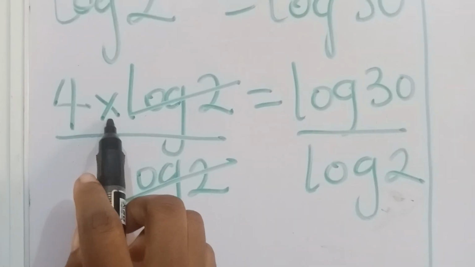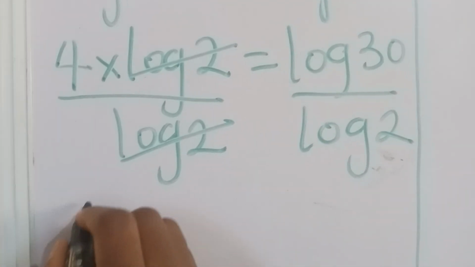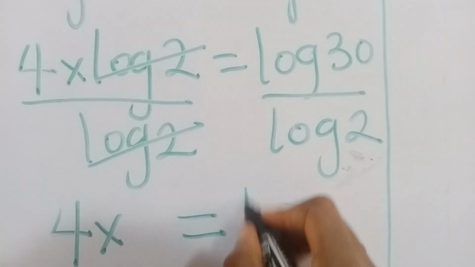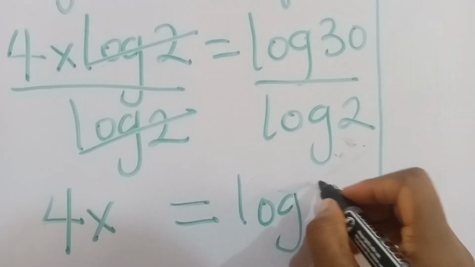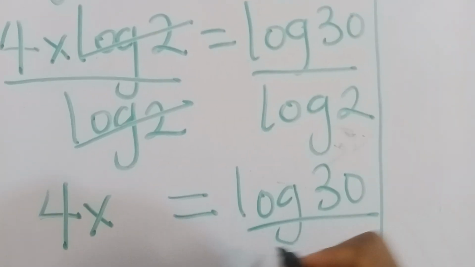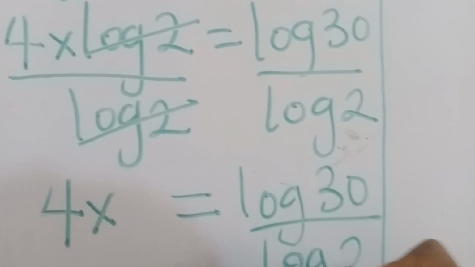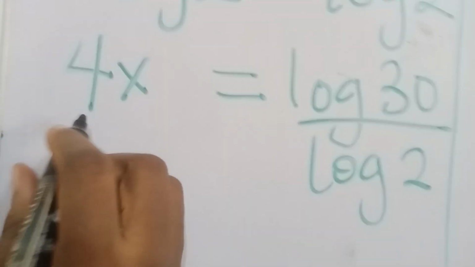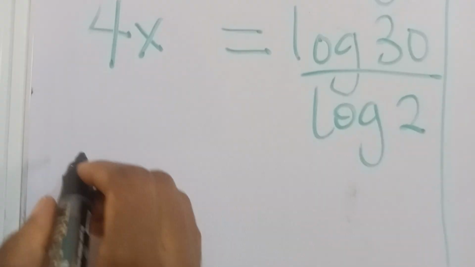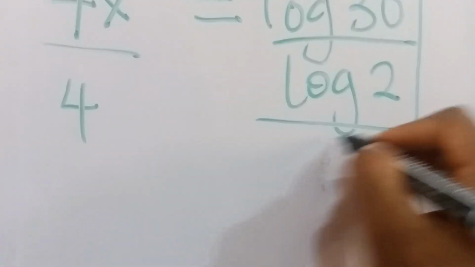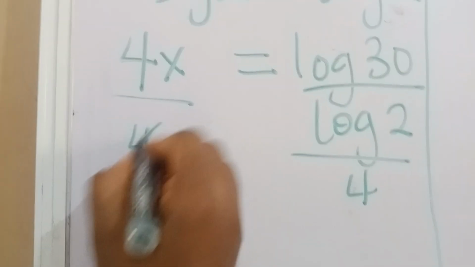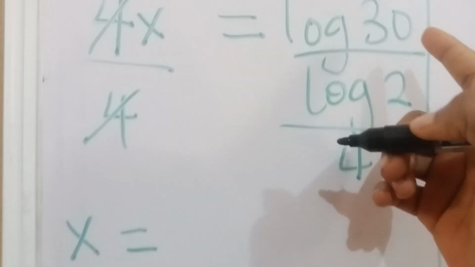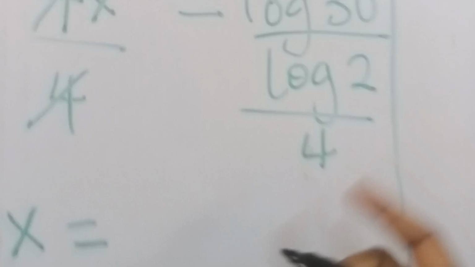Our aim is to find the value for x, so we're trying to eliminate every single thing obstructing x from being alone. So from here, we're going to also divide through by 4, and we're left with x here. But then we're going to simplify this because this cannot be the answer.